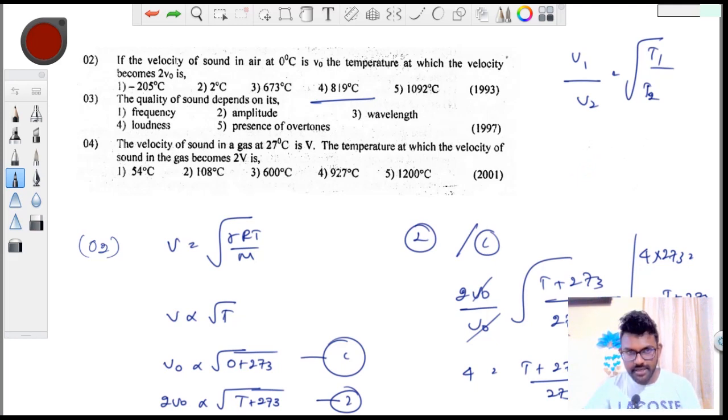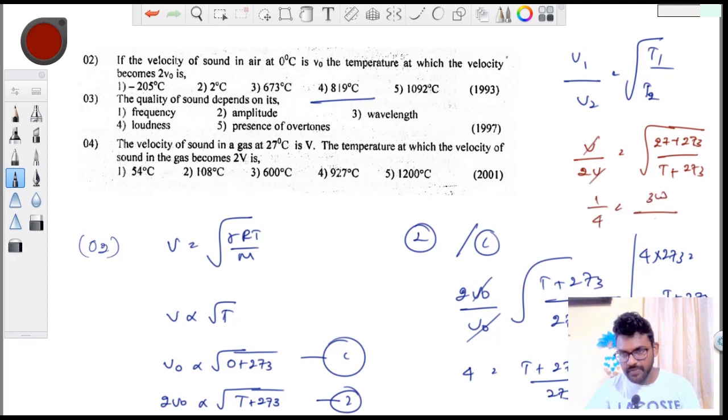So V1 is V, V2 is 2V, and here it's 27 plus 273, which is 300. I can straight away write 300. So this is T in degrees Celsius plus 273. Again the 2 cancels off. I can write 1 over 4 equals 300 over T plus 273.